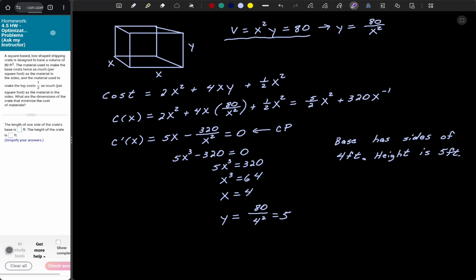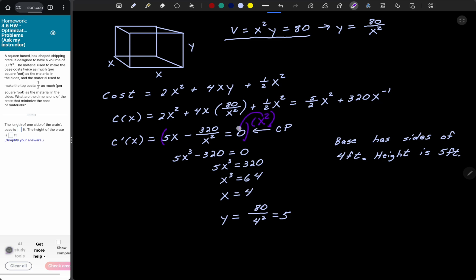So I take the derivative here. The derivative of 5 over 2 x squared is going to be just 5x. The derivative of 320x to the negative 1 gives me minus 320x to the negative 2, which I wrote as minus 320 over x squared. We set that equal to 0. At that point, and you shouldn't have to show it, I just multiplied both sides of the equation by x squared.